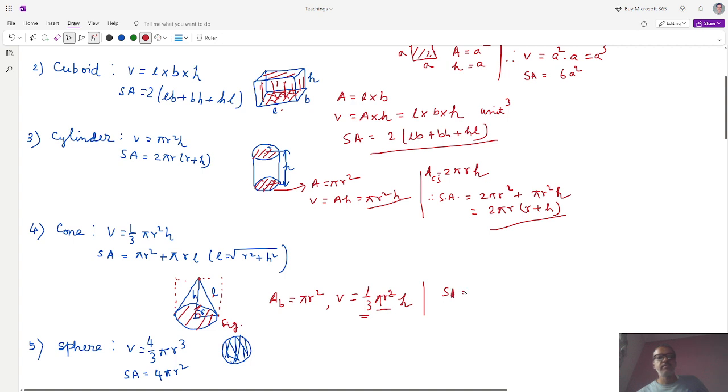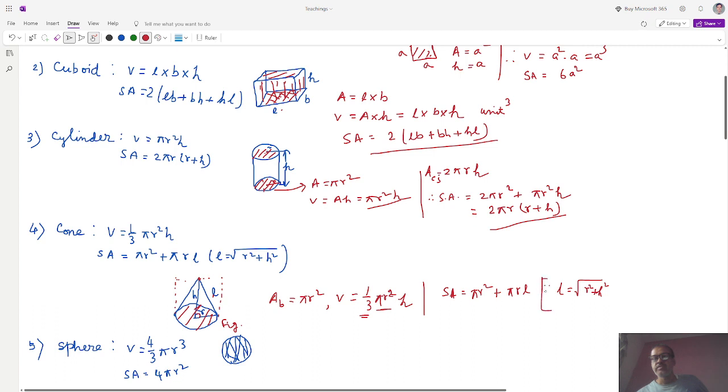Surface area will be the base area pi r square plus pi r L, right? Pi r L, where L is equal to root over of r square plus h square.